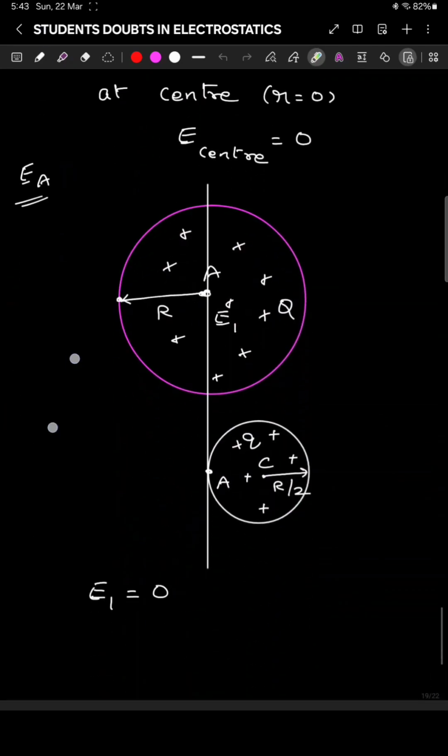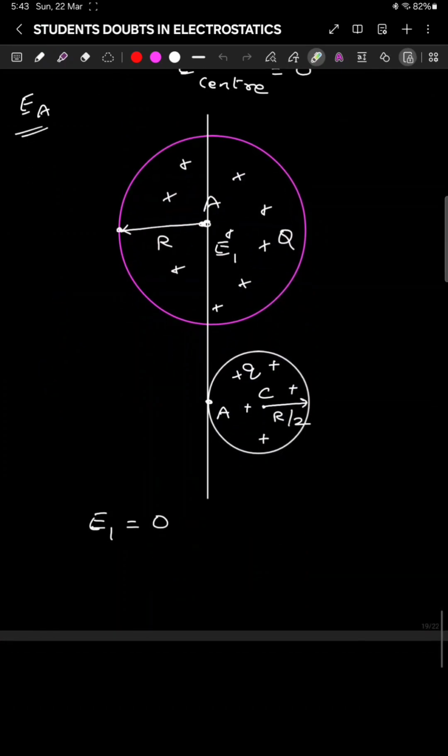Now, let us find electric field at A. To find electric field at A, due to full sphere, electric field at A will be, let us take E1. At the center of the sphere, electric field at A will be 0. At the same point A, due to this small sphere, let us find electric field. For this small sphere, this A is on the surface. So here electric field E2, let us name.